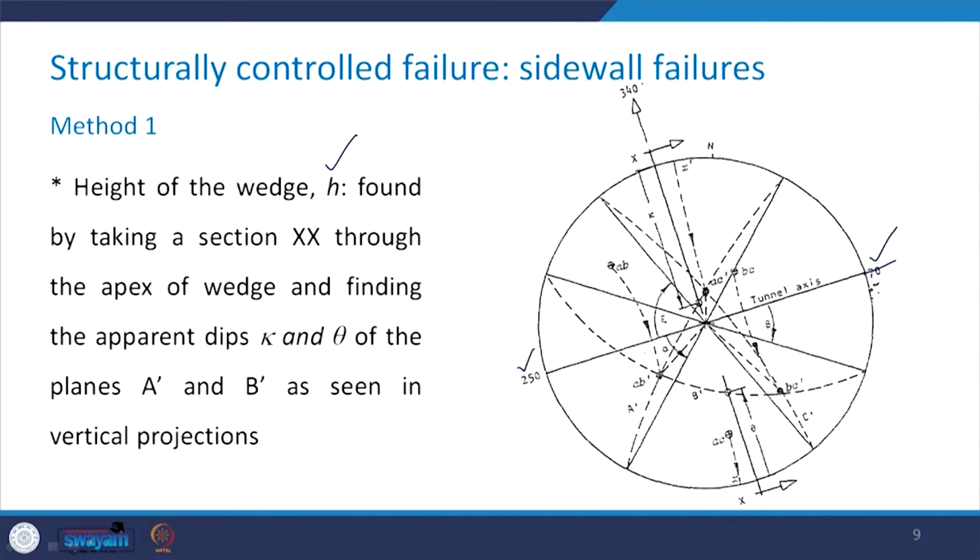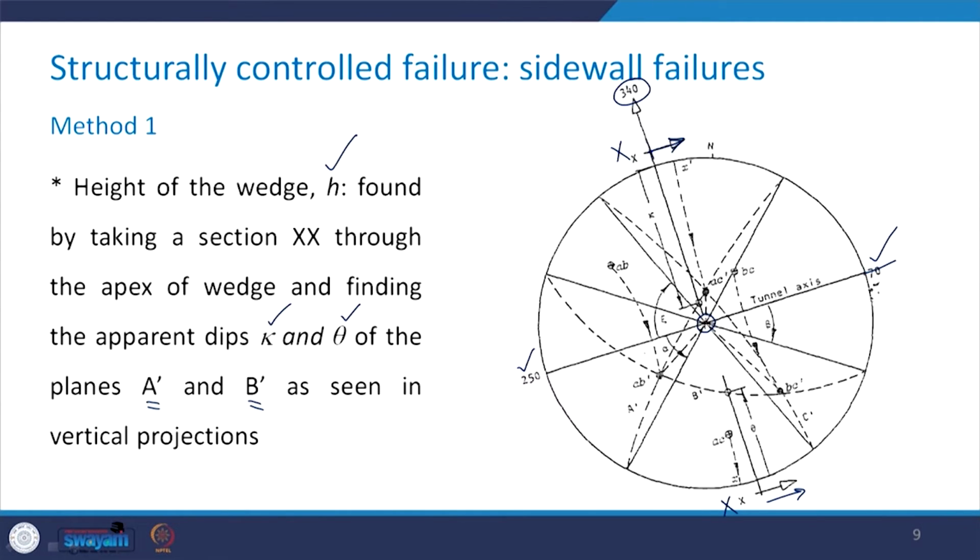Perpendicular to that is this 340 degree line, and we are looking in this direction, which is the x direction, and this is passing through the center of the net. We need to find the apparent dips kappa and theta of the planes A prime and B prime. So, look at how this is determined.